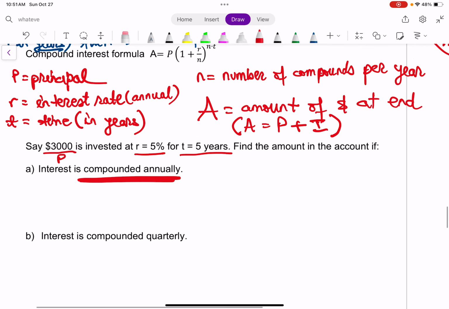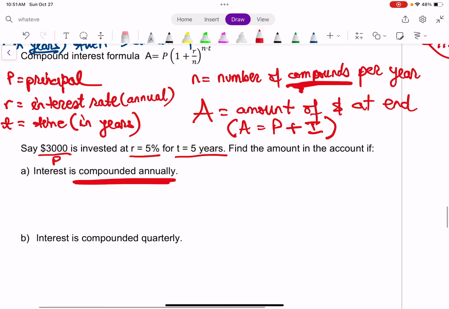So compounded annually means how many compounds per year? Once a year. So even if you left the money in there for 5 years, that still means that we didn't wait for the interest to be given to us at the end of the 5 years, but rather at the end of each one of these 5 years.